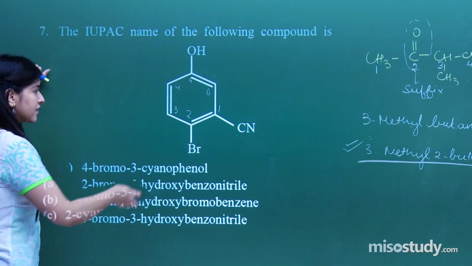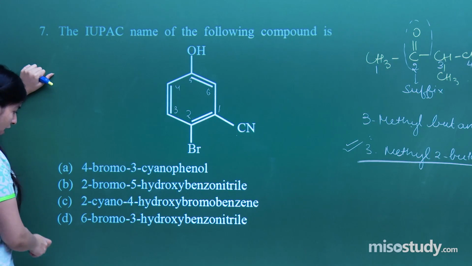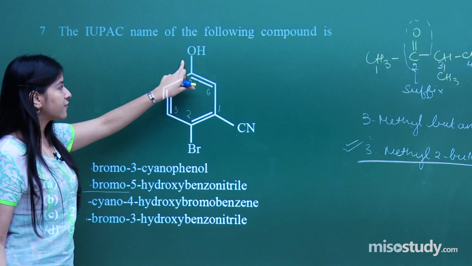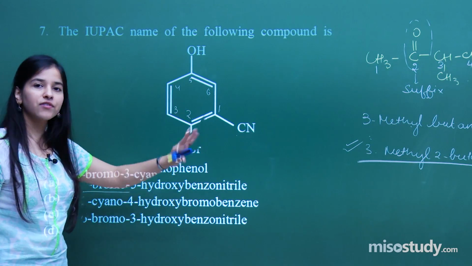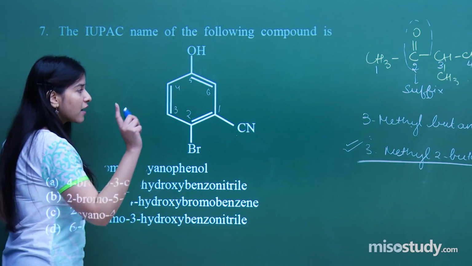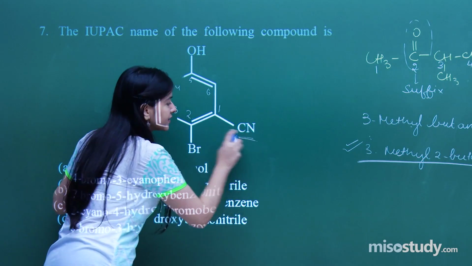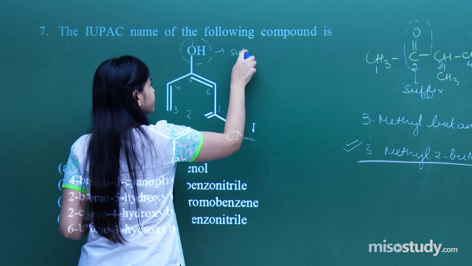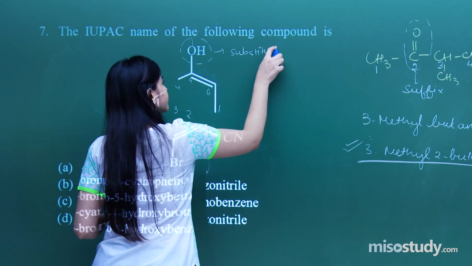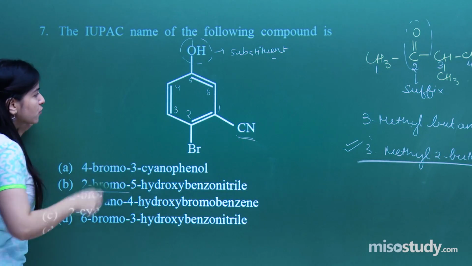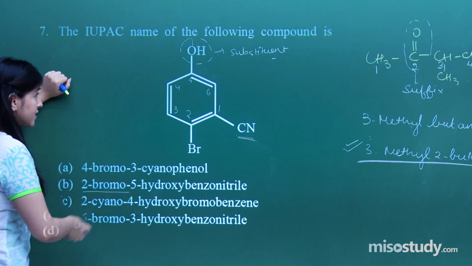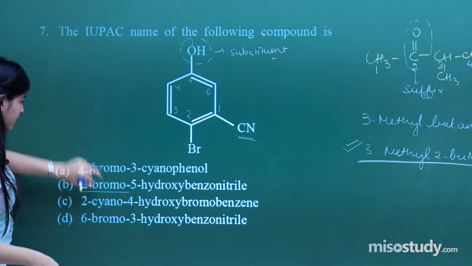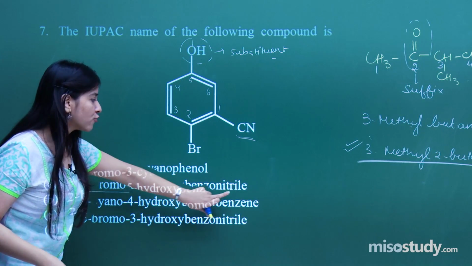So can you find anything related to 2-bromo? I've got 2-bromo here and definitely 5-hydroxy, because here 2 kinds of functional groups are present and I am assigning number 1 to this one. That means this will definitely be treated as a substituent, that means 5-hydroxy, and benzo, finally nitrile.